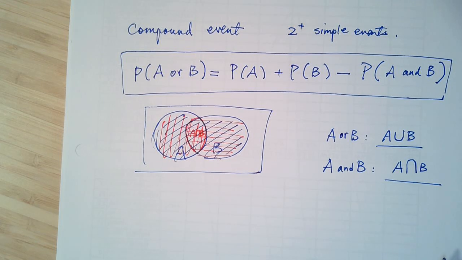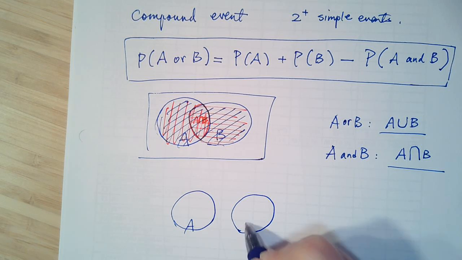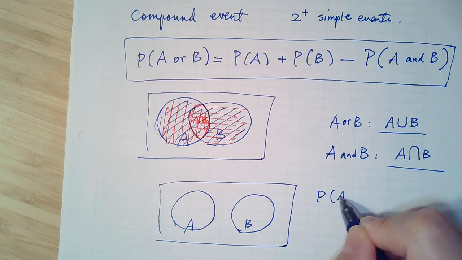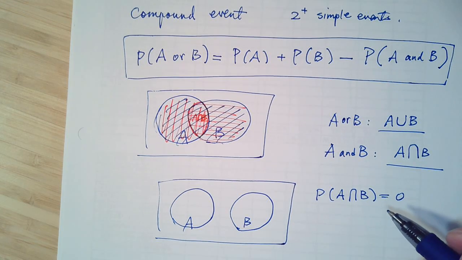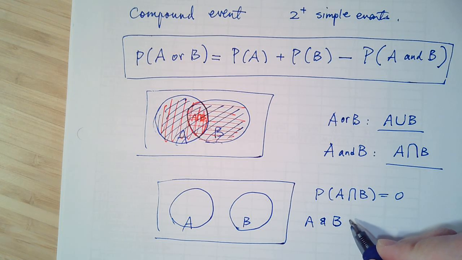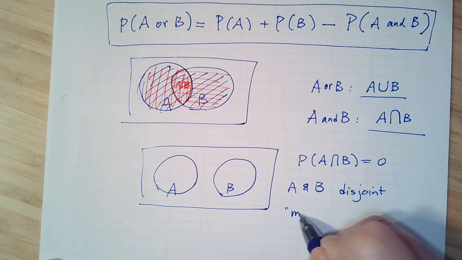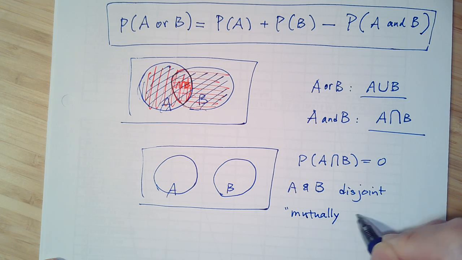Sometimes you might have something like this: A here and B here, with no overlapping. In this case, the probability of A and B equals 0, because there's no way that both would occur, and we call A and B disjoint. Or there's another word, which you have to remember: mutually exclusive.